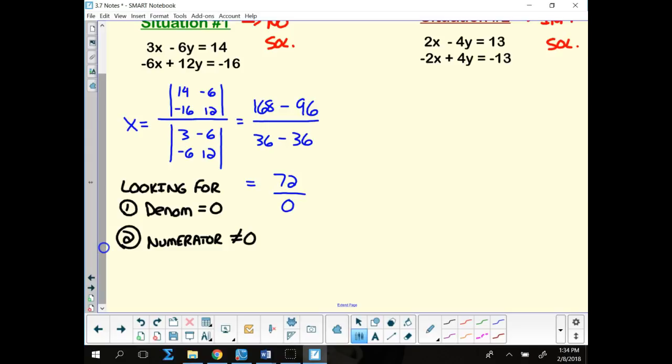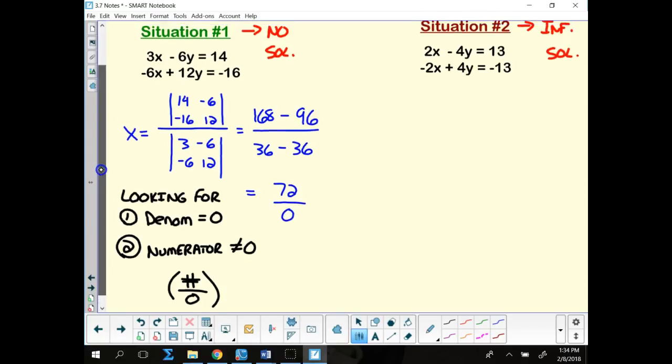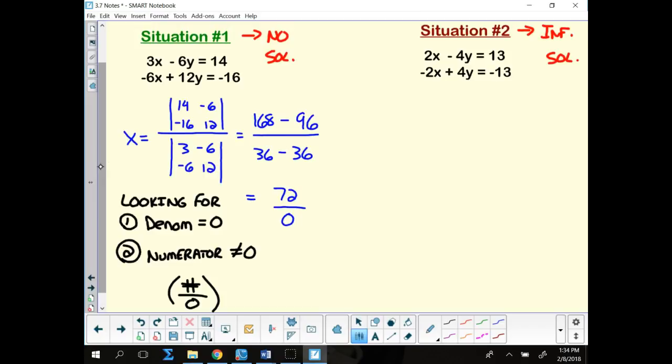Okay, to be some number. So you're basically looking for some number over 0. If you get that, that is the no solutions case for Cramer's rule.